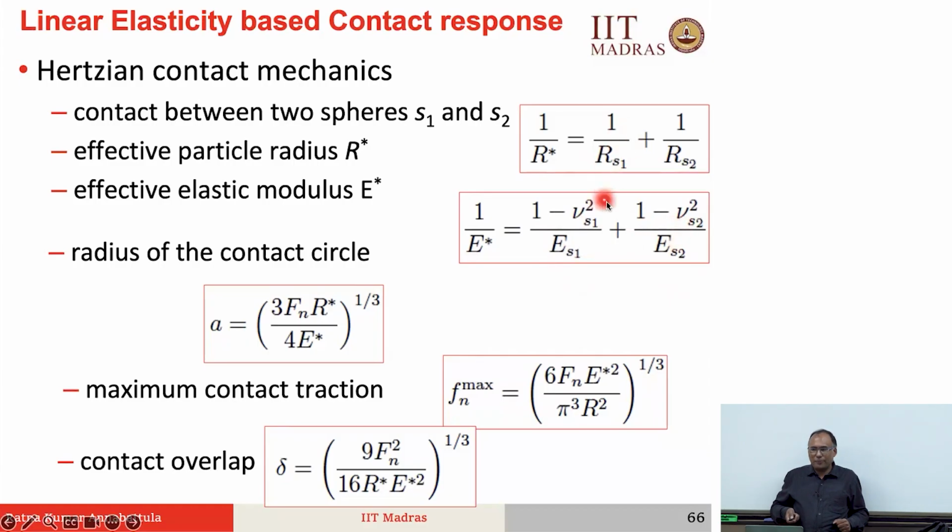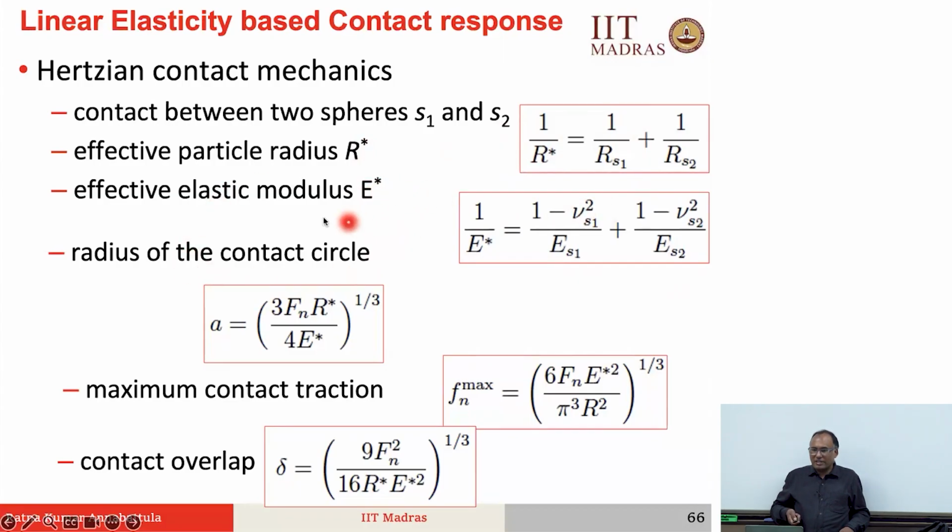Here particle 1 and particle 2 need not be of the same material or same geometry, same size, that is what it means. If they are not of the same size and same material, then R star and E star, the effective radius and effective modulus, are calculated like that.